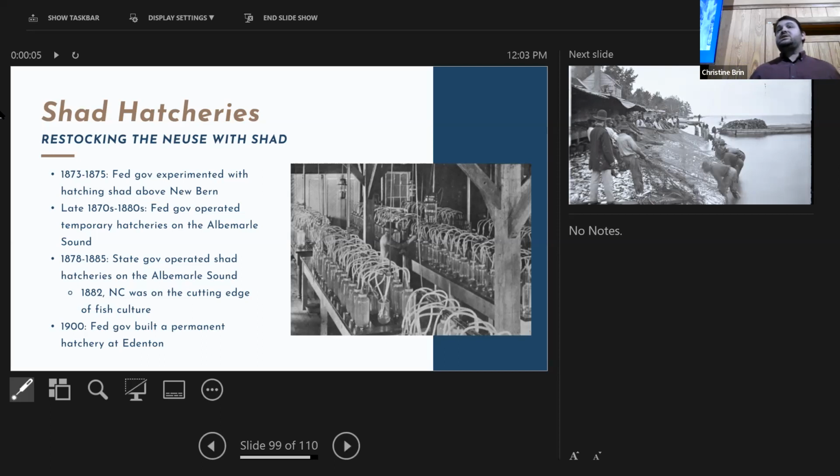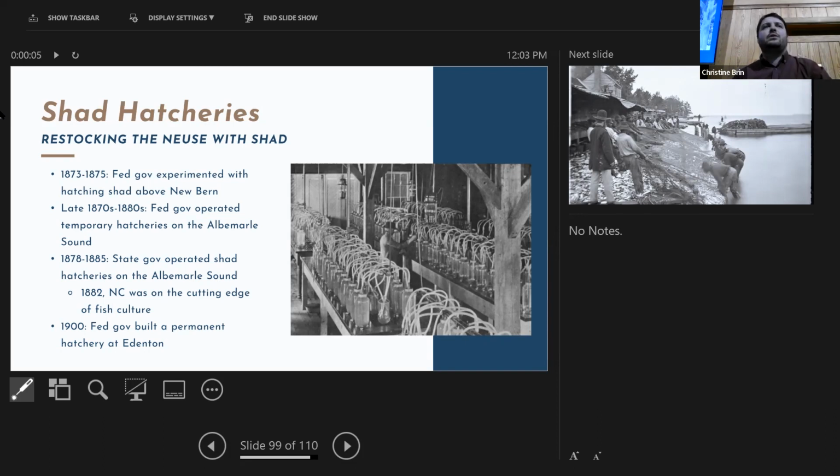And so what they decided to do was set up shad hatcheries where they're basically growing baby shad. You get the eggs and you fertilize them and you grow them in jars, and then you release them into the rivers that way, to try to bring back the populations.